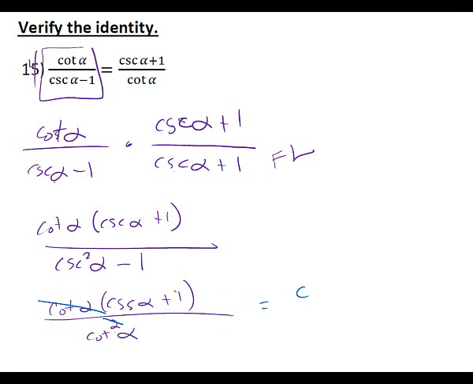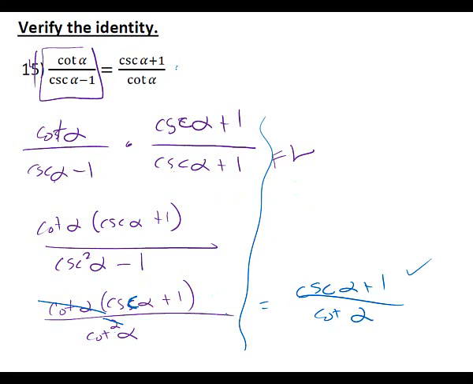So then I'm left with cosecant alpha plus 1 over the cotangent of alpha. Did I get what I wanted? Yes, we got what we wanted. These steps in between are what I'm going to grade.